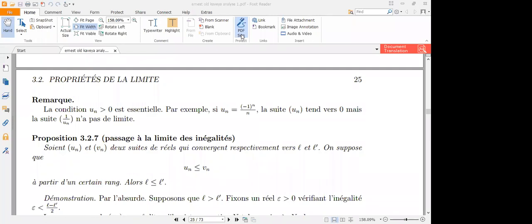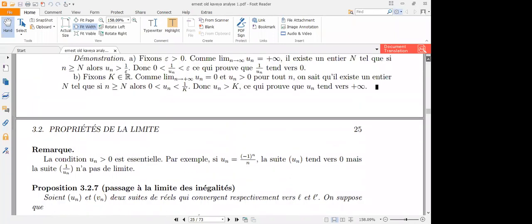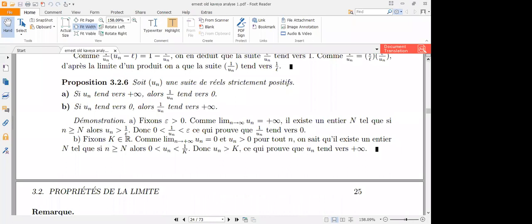The previous one was about the maximum K. Yes, that range where it says 0 is less than UN, which is less than the inverse of the maximum K, 1 over K. Is that the same suite that is going to be greater than K?